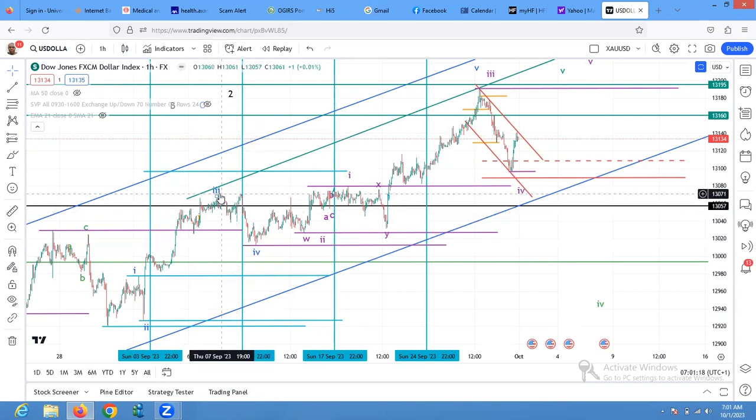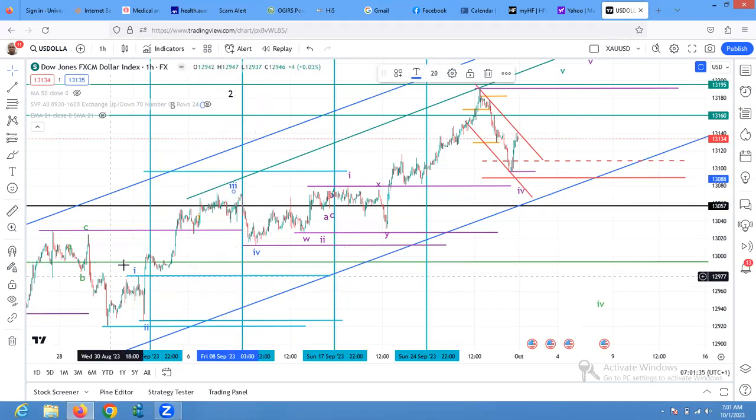Or we can say that this also can be, yes, we can say that this is a 3, and this can be like a 1, a 2, a 3, a 4, and we can say a 5 probably was.